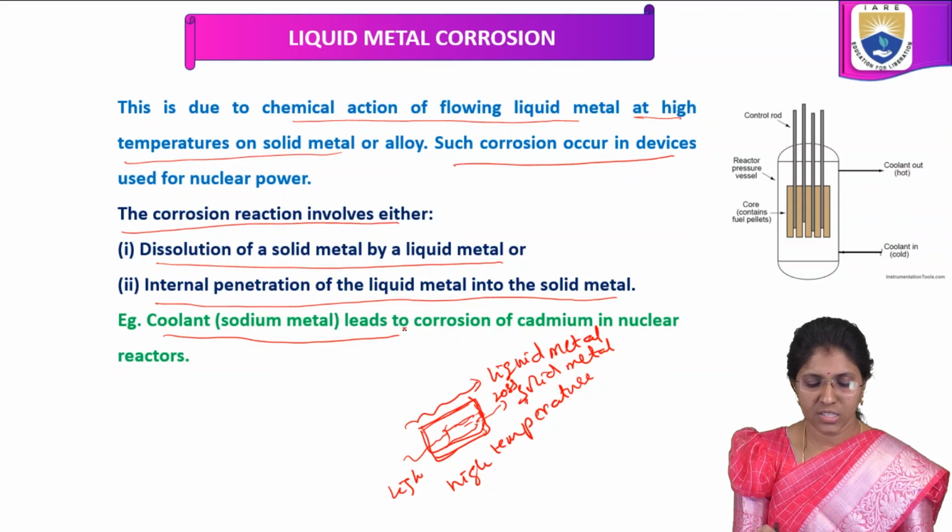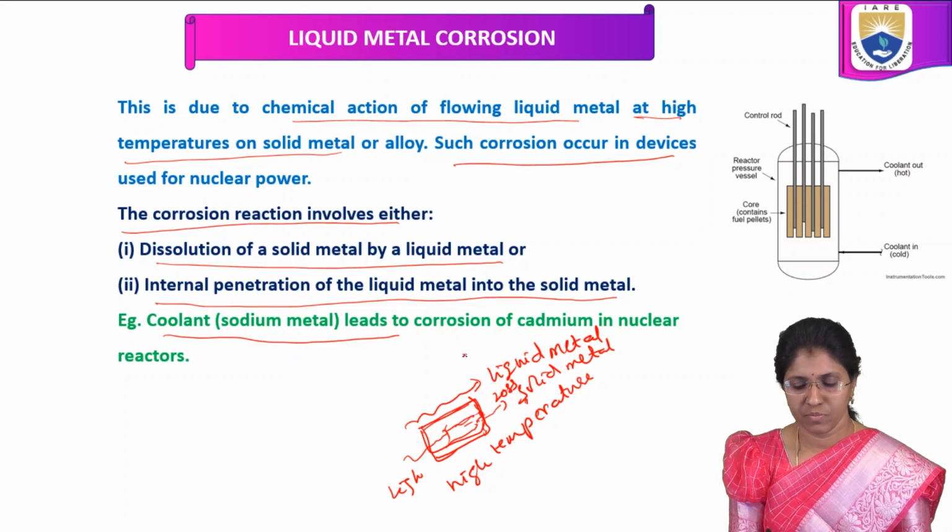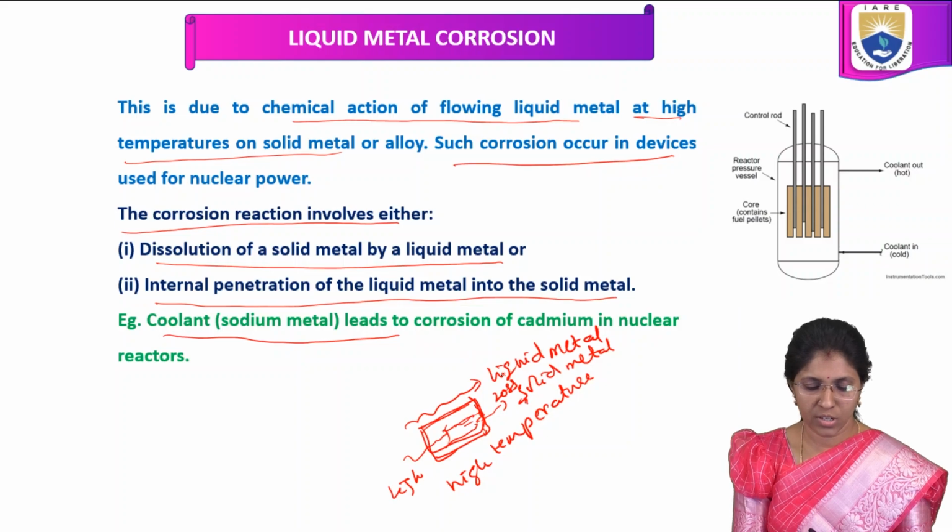An example is that coolant leads to the corrosion of cadmium rods in nuclear reactors.